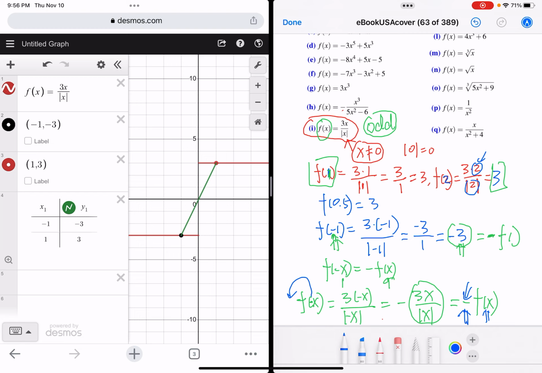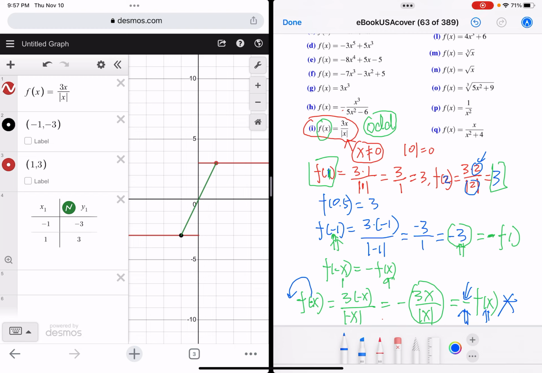All right, that's the algebraic expression, and you want to do it this way with the concrete values here.